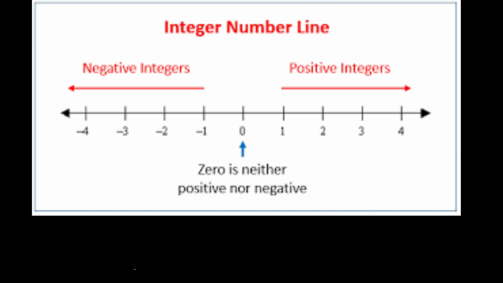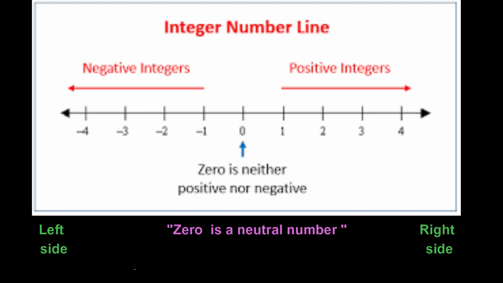Now let us see how to plot integers on the number line. On your screen you can see negative integers, positive integers and a 0. All the numbers on your right side, 1, 2, 3, 4, are positive numbers, and on the left side of the 0 you can see all the negative numbers, that is minus 1, minus 2, minus 3 and minus 4.